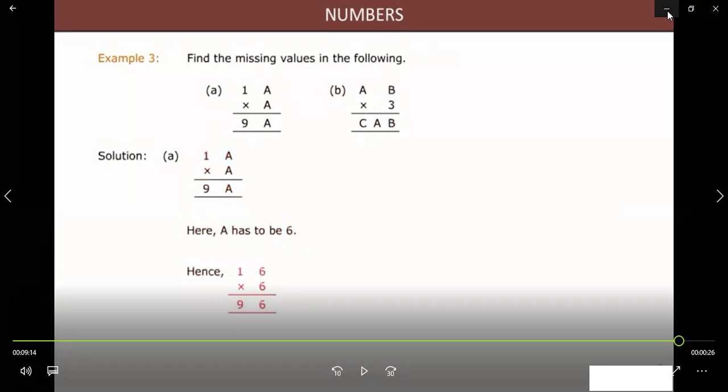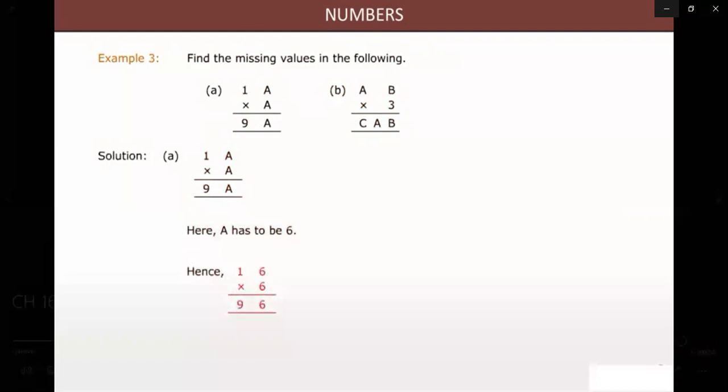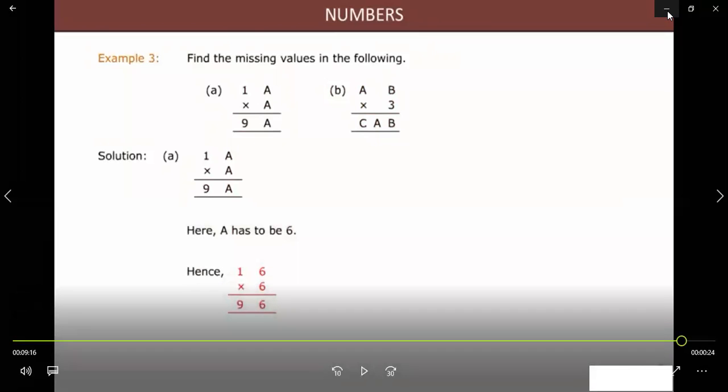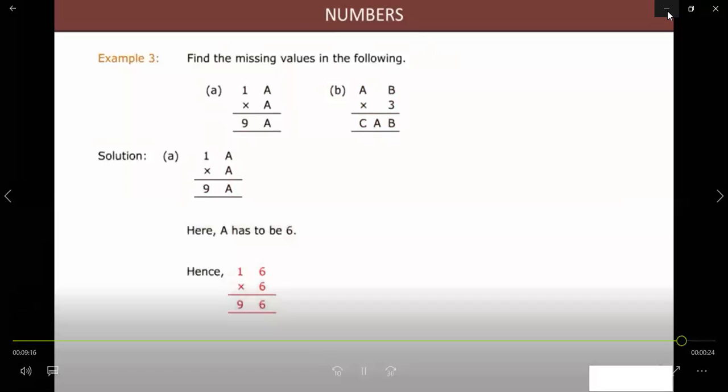We have to find the values of a, b, and c as well. In the second case, you can see that we are multiplying 3 into b to get b again. What number should we multiply with 3 to get the same number back? Two possible solutions are there: either b can be 0 or b can be 5.